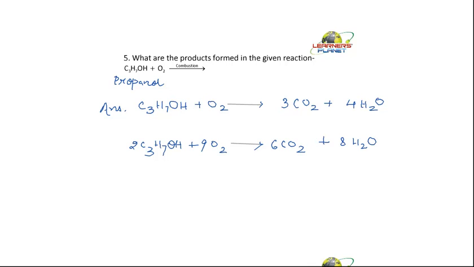Okay, and now we've got 2 here, so I can make it 9 O2. Now our equation is balanced. So whatever is the organic compound, students, it can be an aldehyde or a ketone or an acid or an alcohol or an alkene or an alkyne. You burn any of them in oxygen and the products obtained would be carbon dioxide and water.